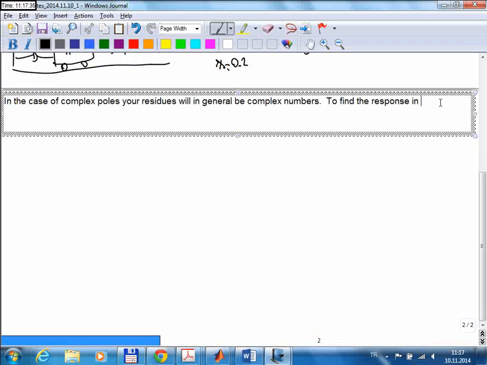To find the response in you need to make simplifications to make the results real.